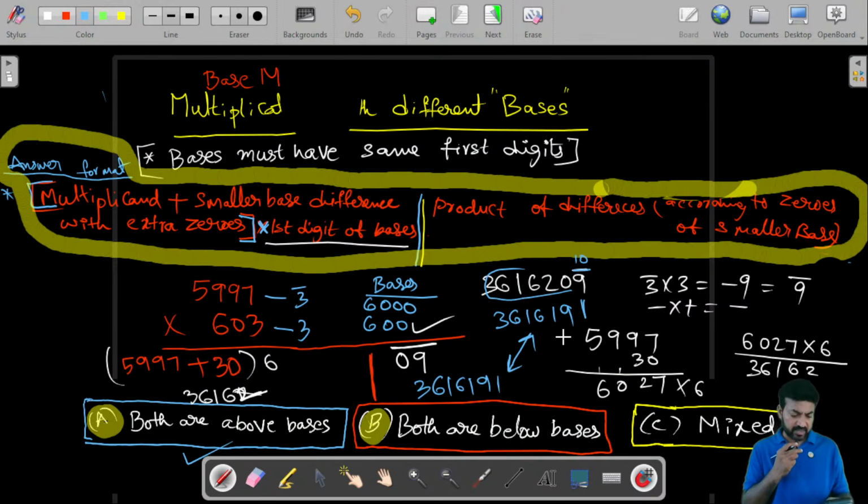Did everyone understand this? 3616191. Yes, Jay Bharati, Nishant, Rohit, Gukada, Trinath, good. Anyway, Darshit did it first and checked it also.